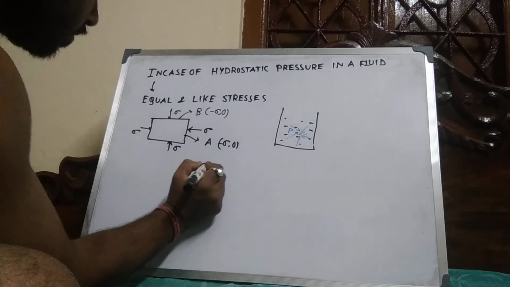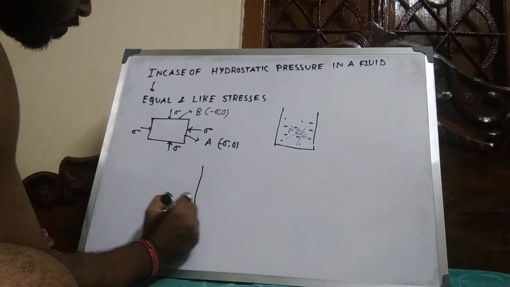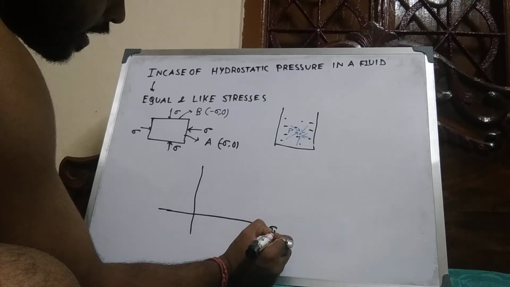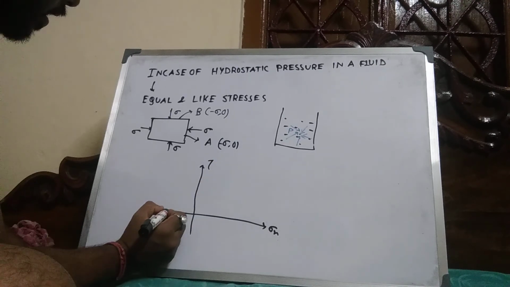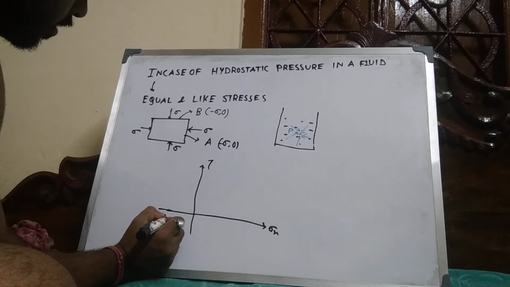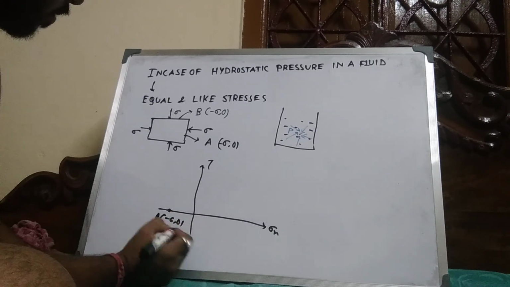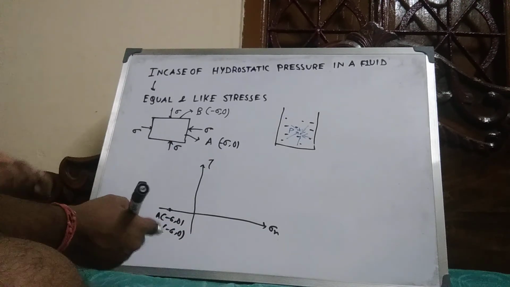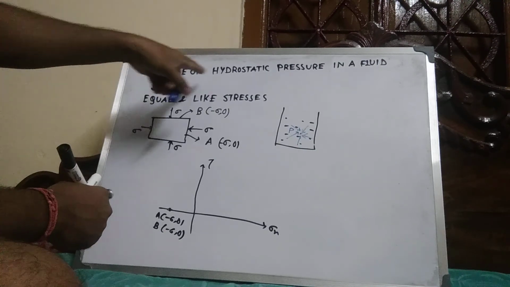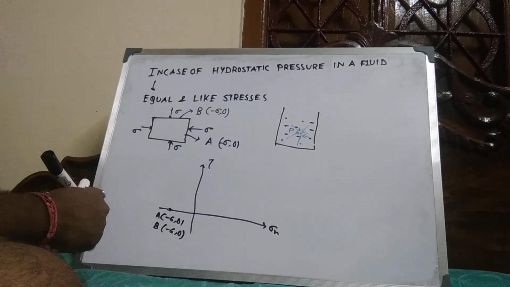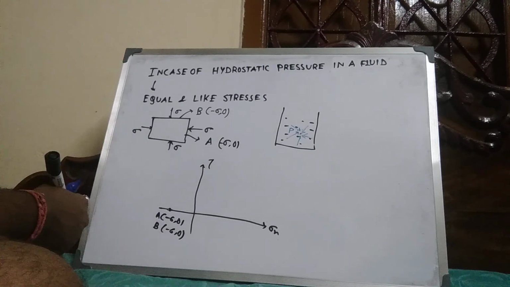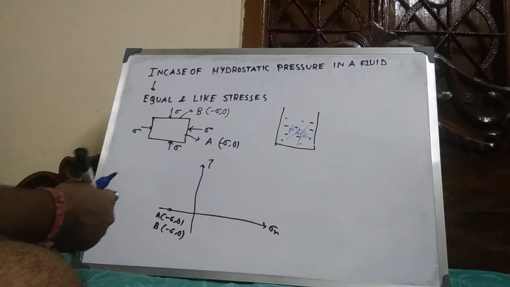Draw the Mohr circle on the sigma n and tau plane, plane A sigma comma 0 and plane B sigma comma 0. So the Mohr circle in case of hydrostatic pressure in liquid reduces to 0 with an infinite number of planes.